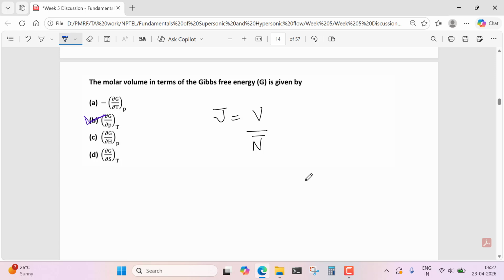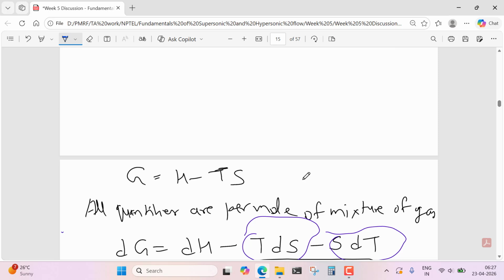What will the answer be for this? If you remember the formula directly, you can directly mark it as option B, dou G upon dou P at constant temperature. If you don't remember the formula, then you would see how to derive it.